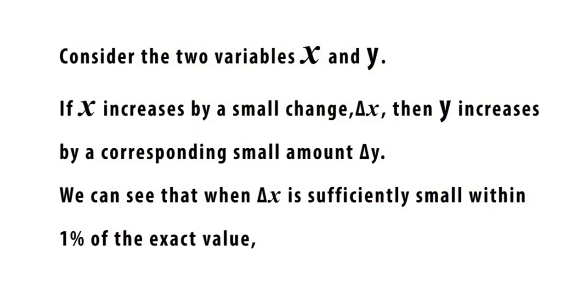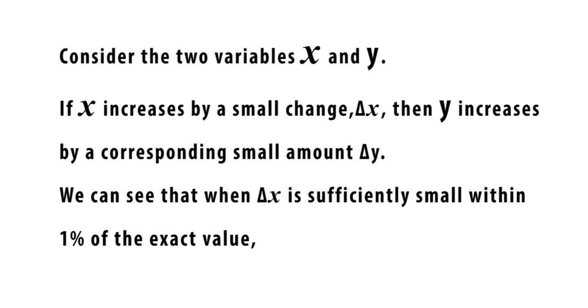Consider the two variables x and y. If x increases by a small change, delta x, then y increases by a corresponding small change, delta y. That means that delta y over delta x will approximately become dy/dx.